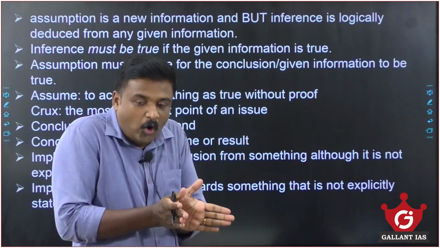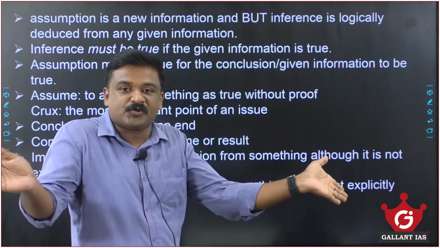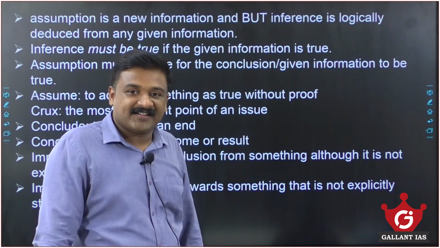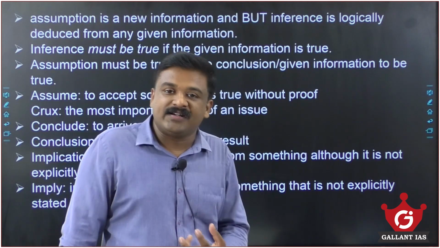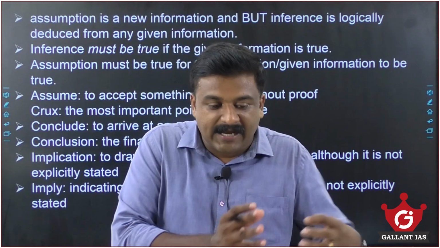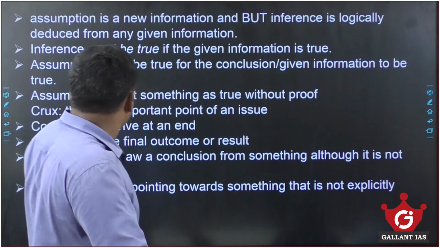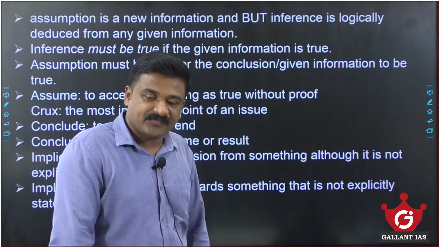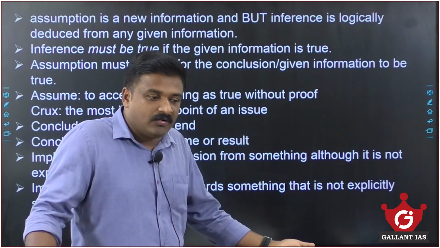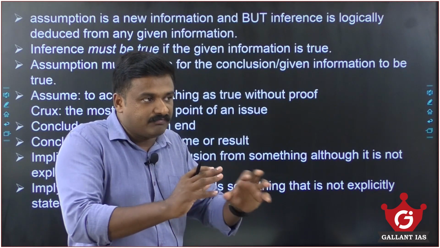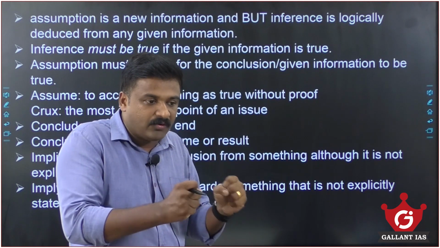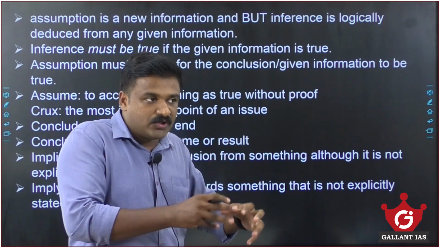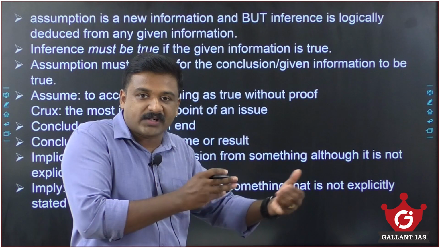That means both move in opposite directions. So please try to understand the basic difference between assumption and inference. Now, to assume means to accept something as true without proof. There is no proof, no evidence, and we can't apply that kind of reasoning. But this has to be true like this, then only the conclusion can be true like this.